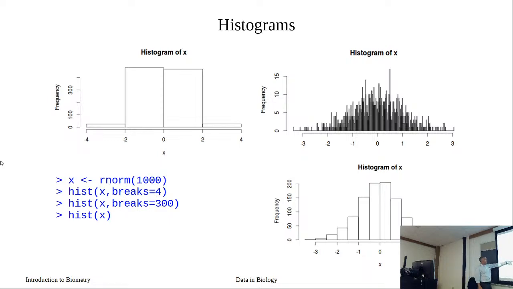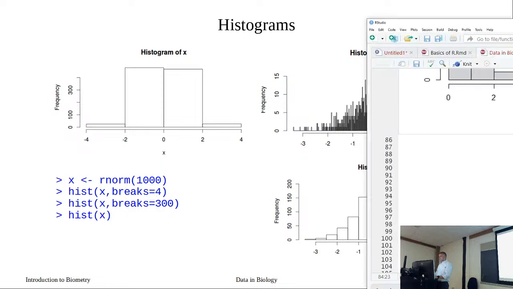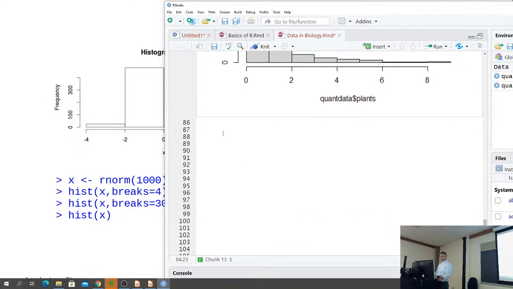This code generates a random distribution of data, draws 1,000 data points. All right. So I'm going to move over here and just add on. So we're doing a demonstration of breaks.